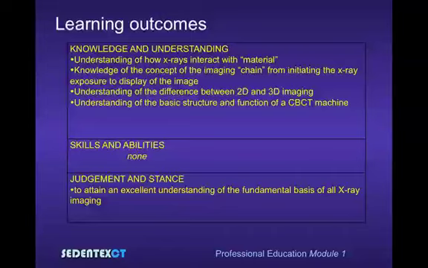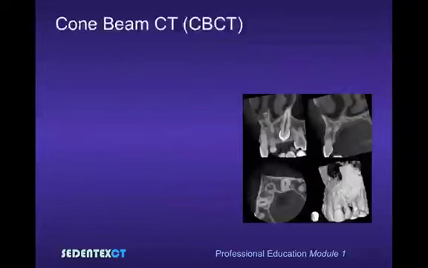In terms of practical skills and abilities, there are no particular learning outcomes for this module. We will see those appear in the second module. And our overall judgment and stance is that we attain an excellent understanding of the fundamental basis of all X-ray imaging.